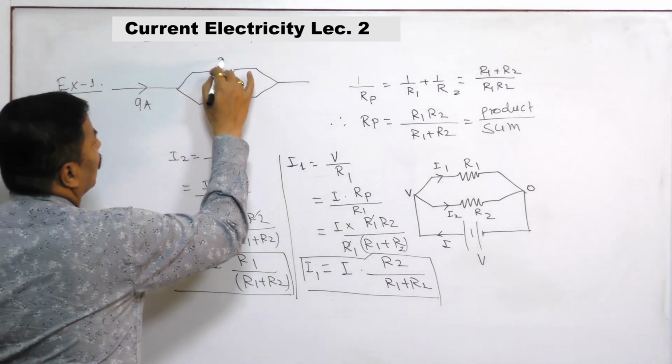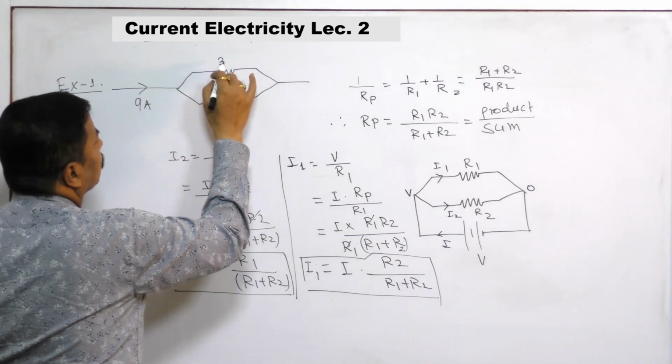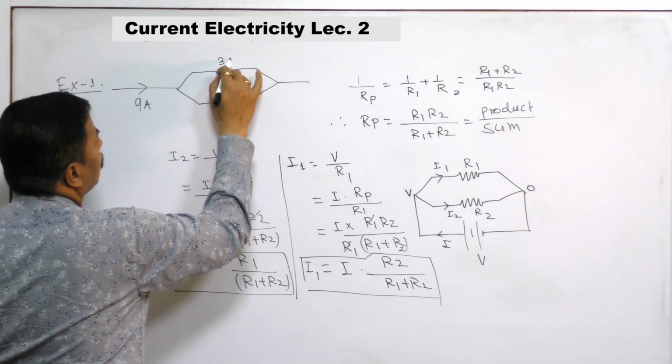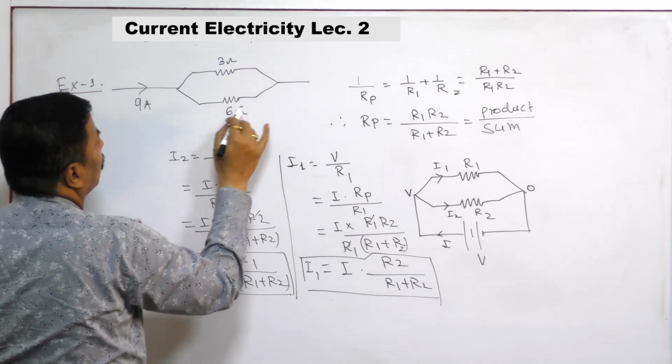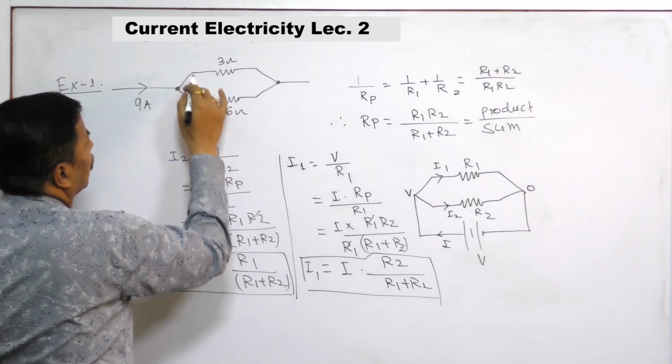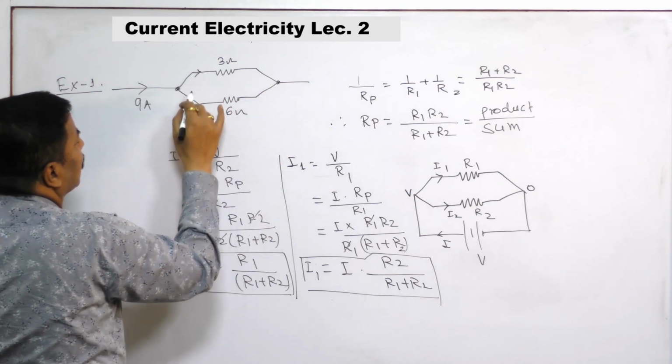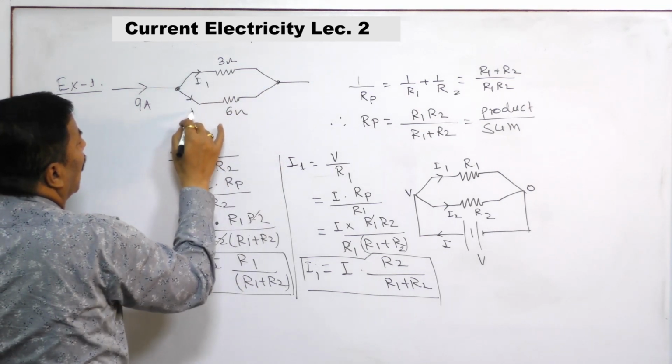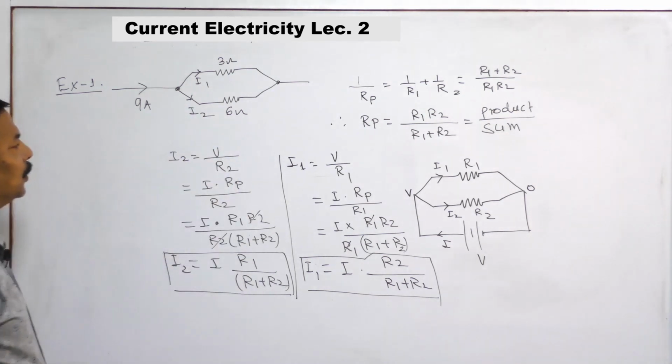This is 3 ohm. This is 6 ohm. Now, in this situation, if they are asking to find I1 and I2, you can use this formula and you can easily find the result.